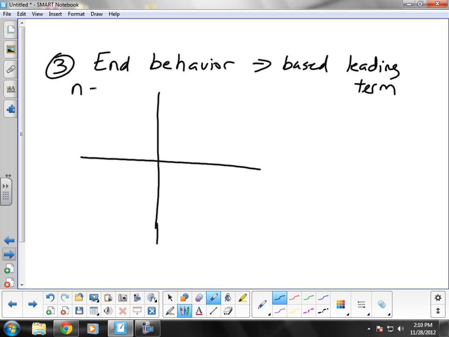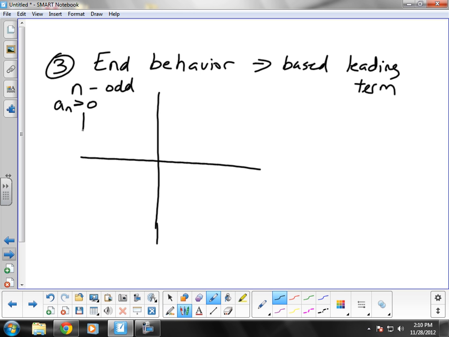If n is an odd number, everybody knows what odd numbers are, right? 3, 5, 7, okay? And a sub n, which is the leading coefficient, the number in front, is a number that's greater than 0. What does that mean to us? It's positive, right? So the leading term's positive.